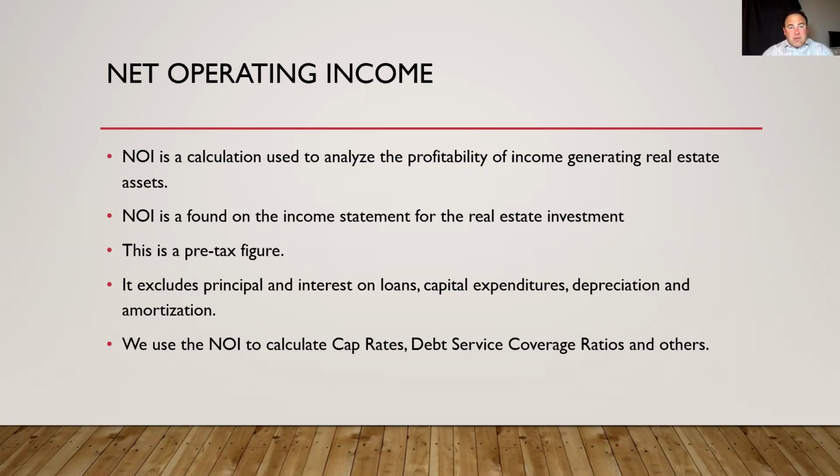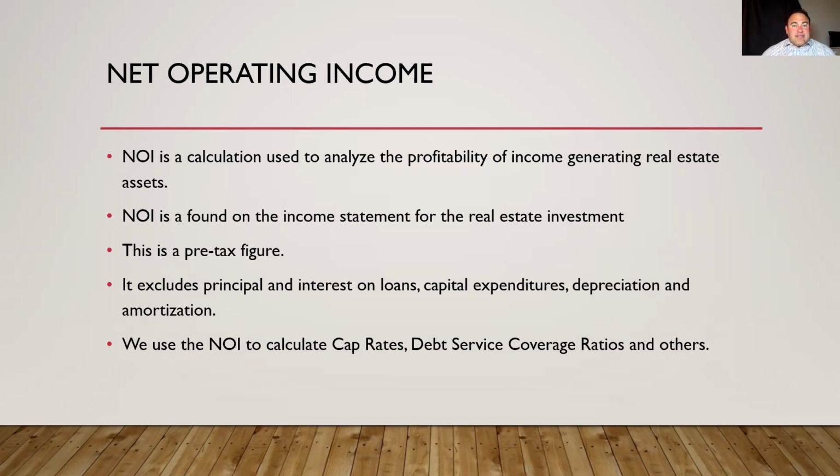Capital expenditures. What's a capital expenditure? Capital expenditures are those expenditures that we don't see annually. Example, larger expenditures like a new roof, right? If we have to put a new asphalt roof on the property, that would be a capital expenditure. Those things are excluded from the net operating income.